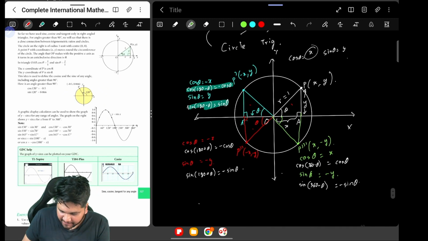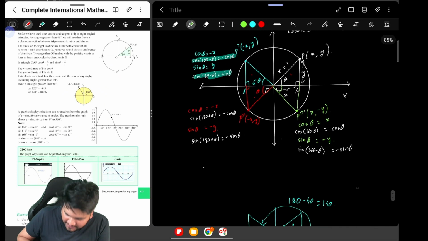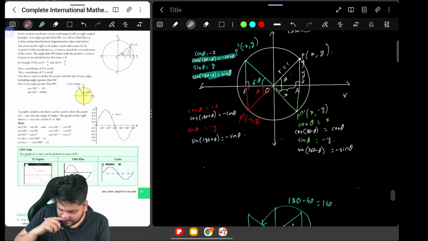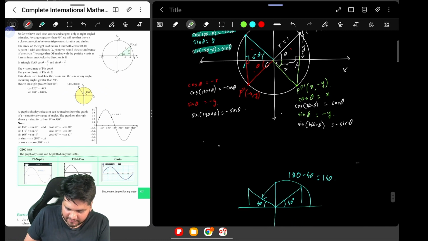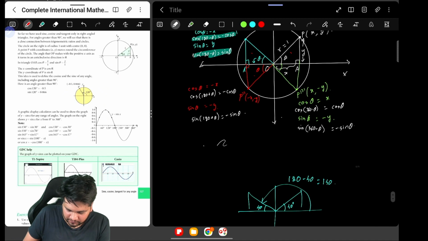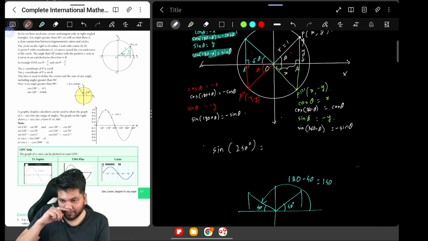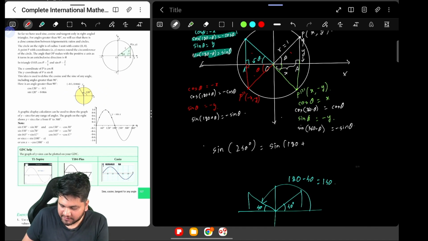Now see, for example, why we are doing all of these things. If I ask you, let's say, sine of 240 degree. Obviously it will be better, if you want to write it in terms of acute angle, to write it as sine of 180 plus 60.